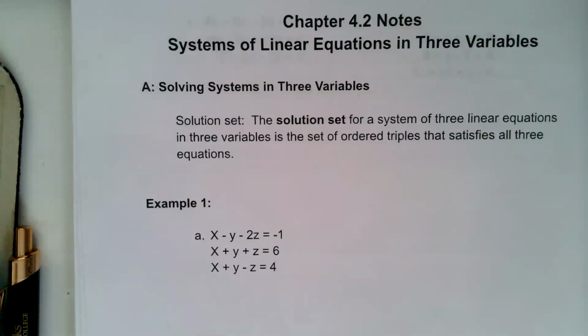In chapter 4.1, we looked at where two linear equations either intersect at one point, no points, or every point on the line. Now we're going to add in a third equation to see what can happen. On a graph, this would be more like a 3D space.